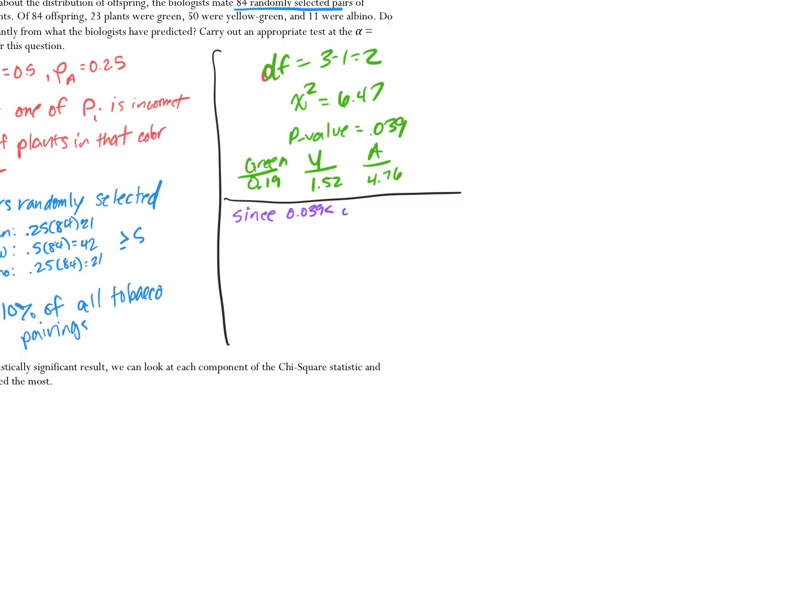In this case, my p-value is less than alpha, so we can reject.